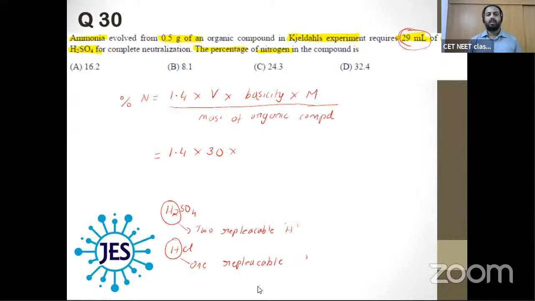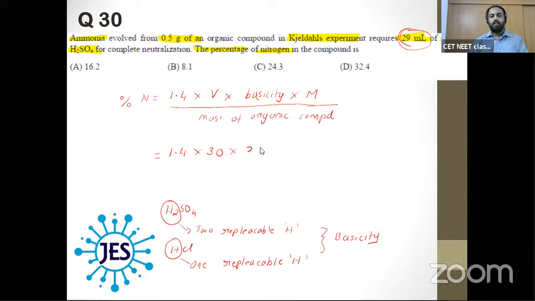So this is what is called basicity. The number of replaceable hydrogen atoms is called basicity. Since it is sulfuric acid, you should take the basicity value as 2.